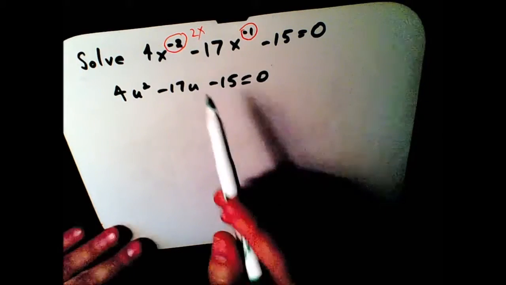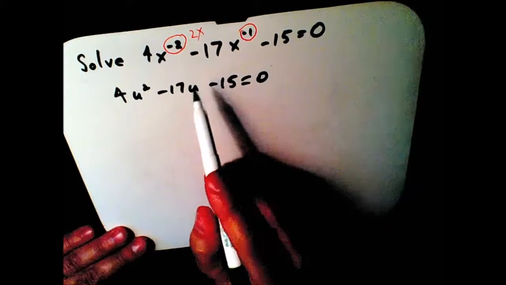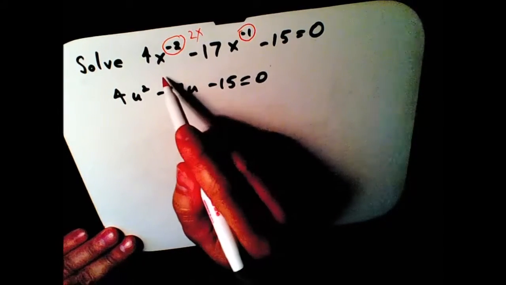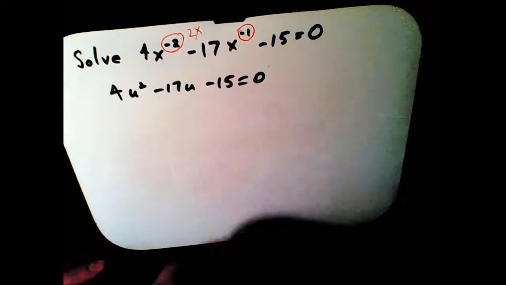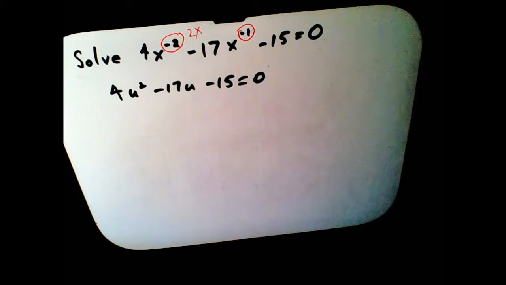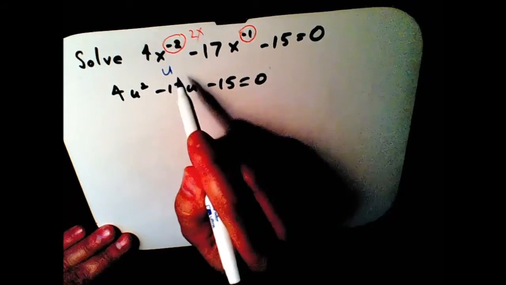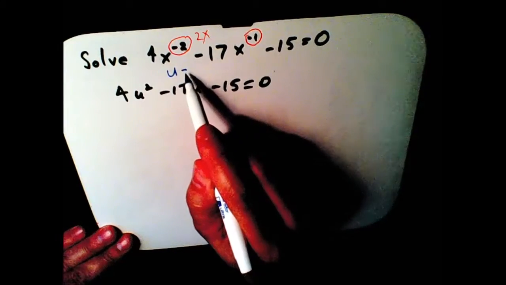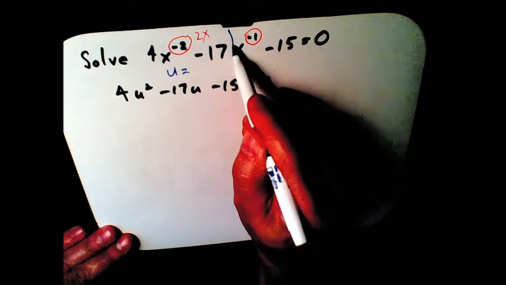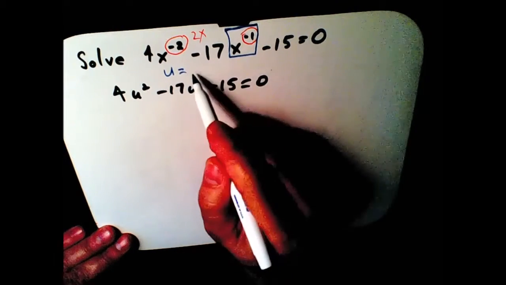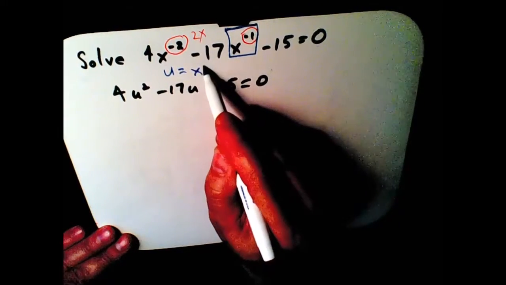Not bad. We're already thinking about how we're going to factor it, if we can factor it. Well, what is u then? Because once we solve it, we're going to have to back substitute what u is. And u is always the variable part of the middle term. U is always the variable part, not the negative 17, but the other part, x to the minus 1.